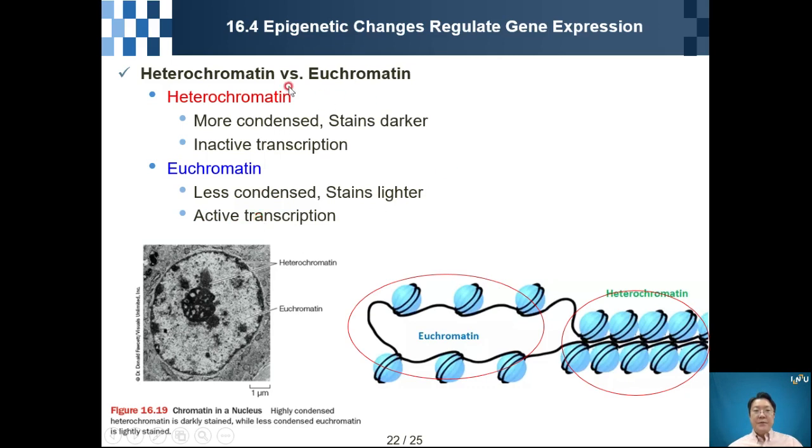So when epigenetic changes make heterochromatin, there is inactive transcription. When chromatin becomes relaxed, active transcription happens.